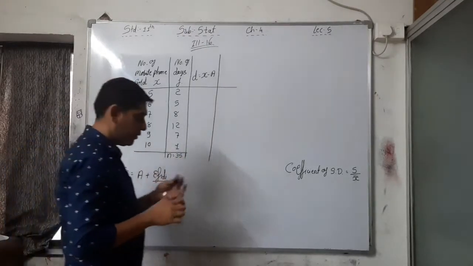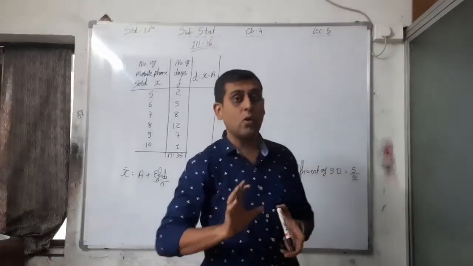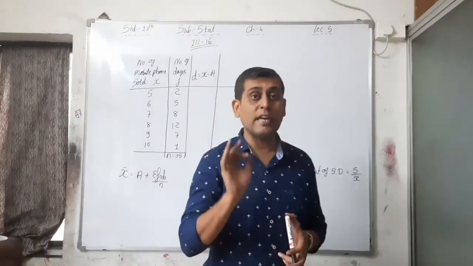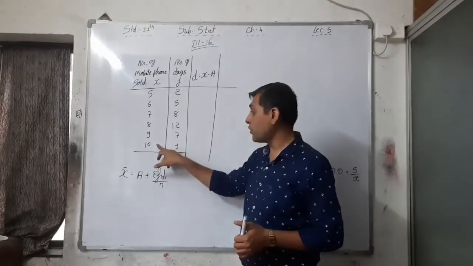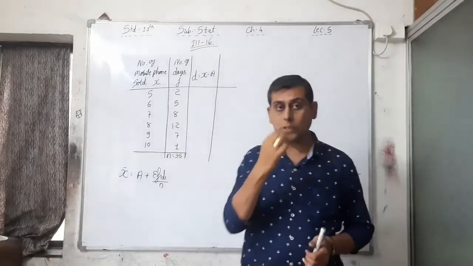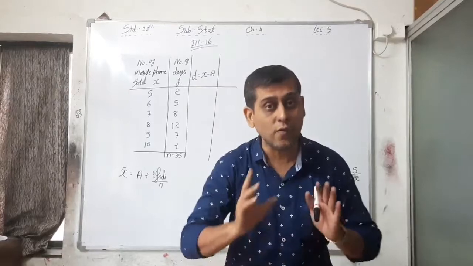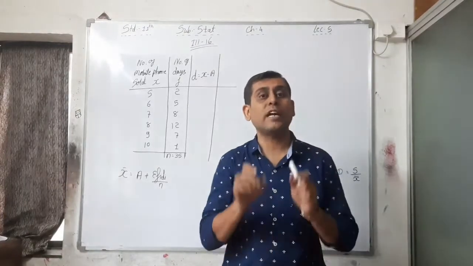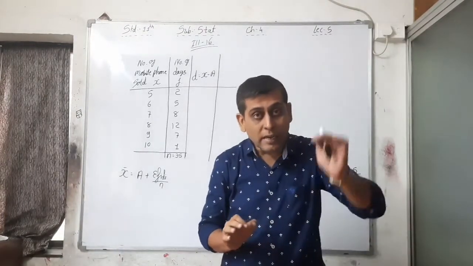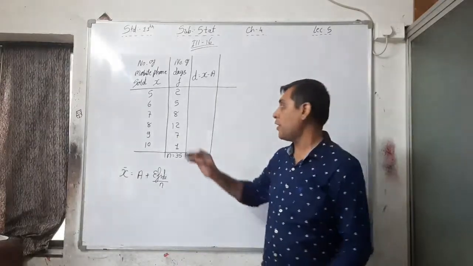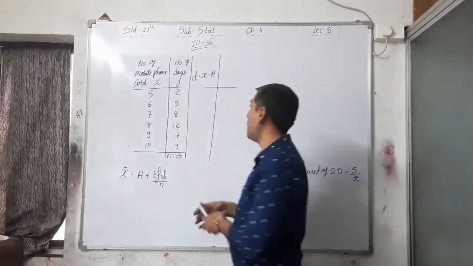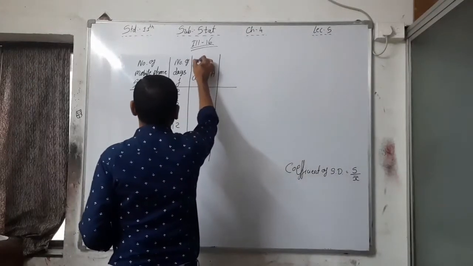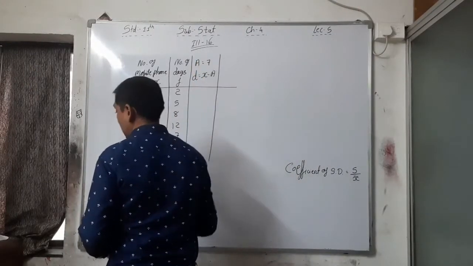See, again, what we have to take for finding out a? Minimum observation, that is 5, maximum observation, that is 10, total of these two, that is 5 plus 10, 15, divided by 2, that is 7.5, and nearest from 7.5 we can take 7 or 8, right? So here I am taking 7. A is equal to 7.